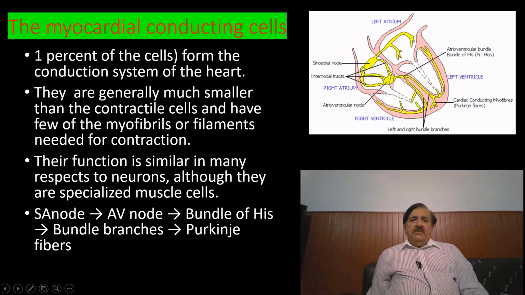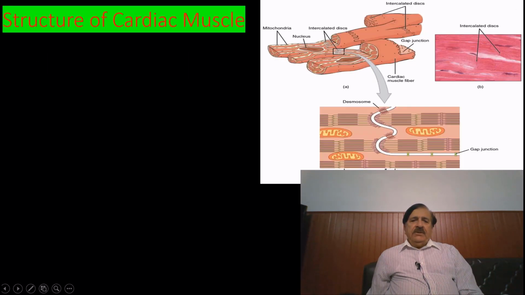The Purkinje fibers deeply innervate the cardiac muscle cells, and when current is spread along this pathway, it causes contraction of the muscle. The internodal pathways are three in number: the anterior, medial, and posterior.